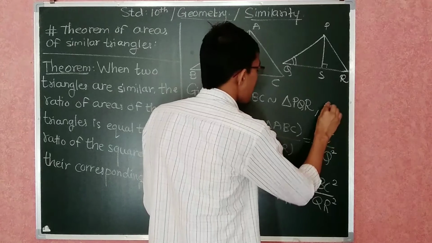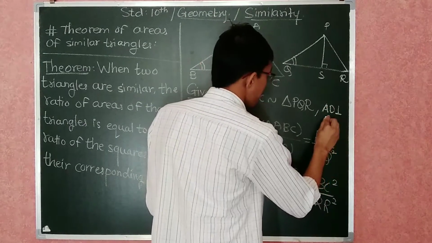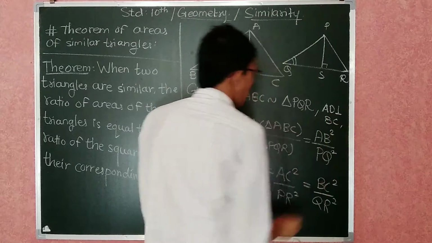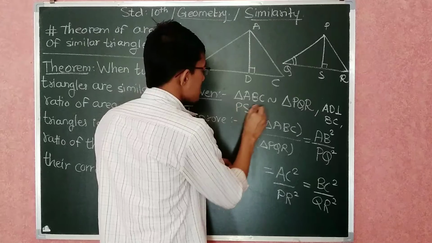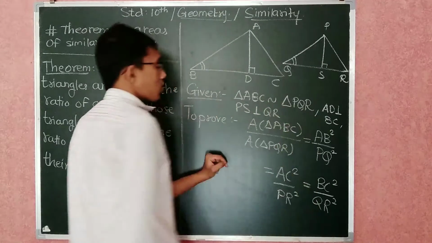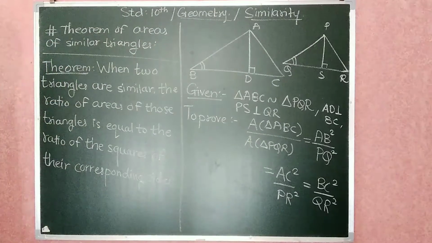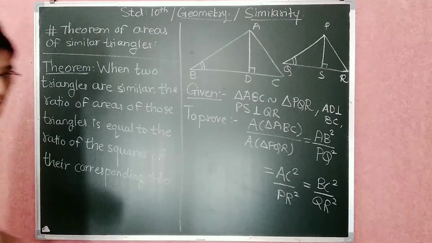That AD is perpendicular to BC and PS is perpendicular to QR. So this is the given data and we know what we have to prove. So without wasting a minute, we will directly head towards the proof.